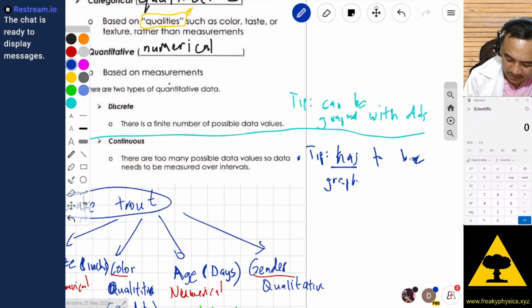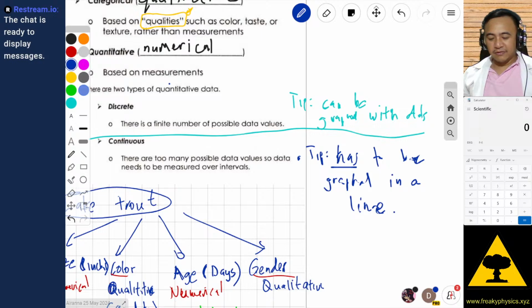Okay, in a line. There we go. All right, so again, if you can graph it with dots, it's discrete. If you have to graph it with a continuous line, it's continuous.